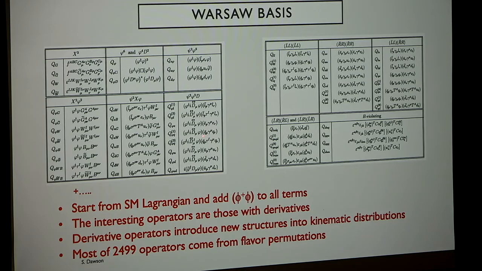And for example, P and R here, these are flavor indices. If you look at phi Q1, say, which is an interesting term, it involves the Higgs. It's got a derivative here, and then it's got a Q bar gamma mu Q. So in general, that could have flavor indices. It could be Q bar from the first generation and Q from the third. Typically, we ignore effects like that.